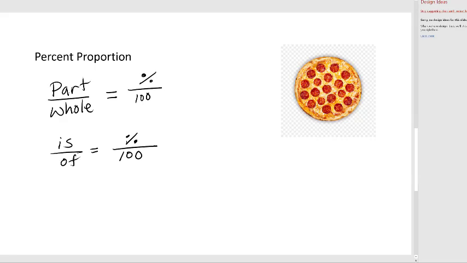Part divided by whole is equal to percentage out of 100, or we can use the words is divided by of, equal to percentage divided by 100. And in the next slides, we'll look at a whole bunch of examples so that we really understand this formula.